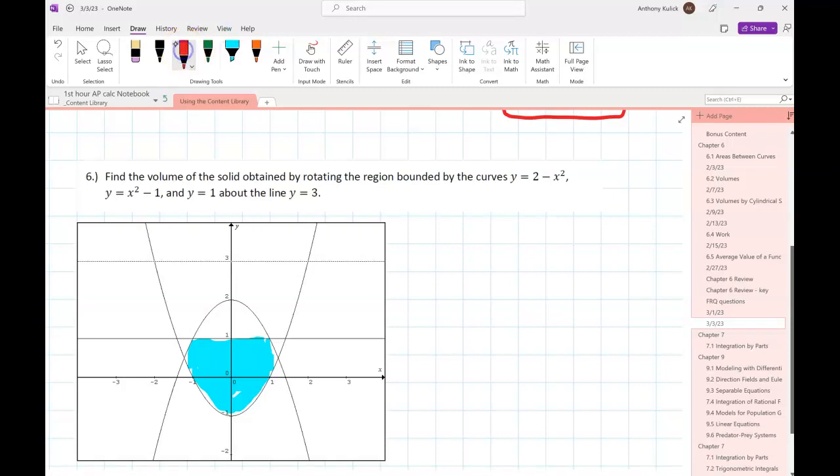Now, why did I do this? Why didn't I just do the region between the two curves?